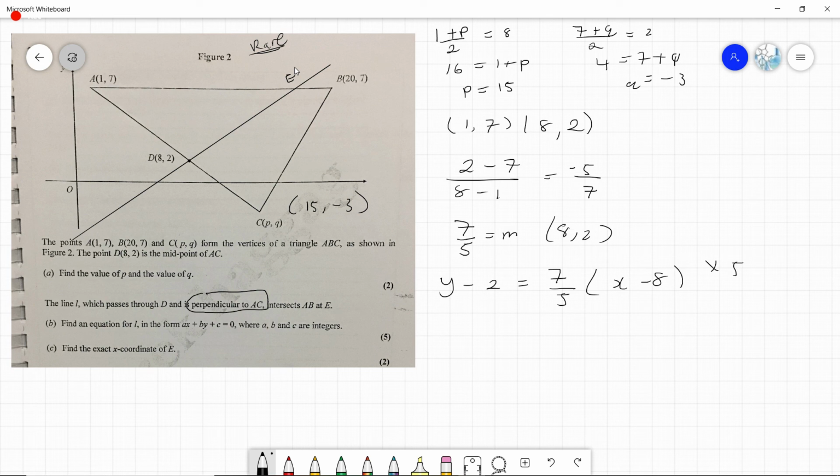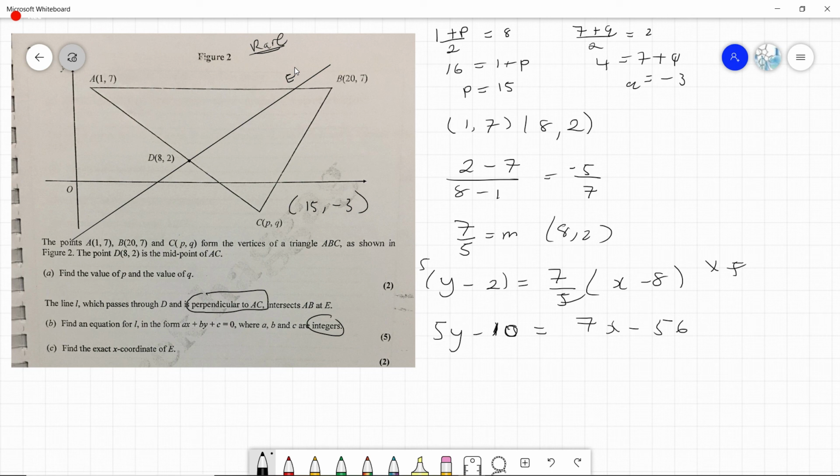Then timesing everything by 5, taking the bracket out of the situation, because it says integers. We don't want brackets, we don't want fractions. So 5y minus 10 is equal to 7x minus 56.